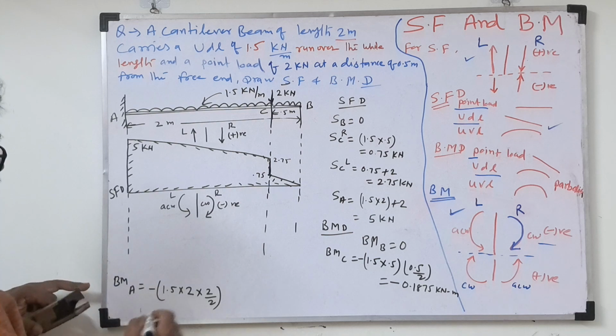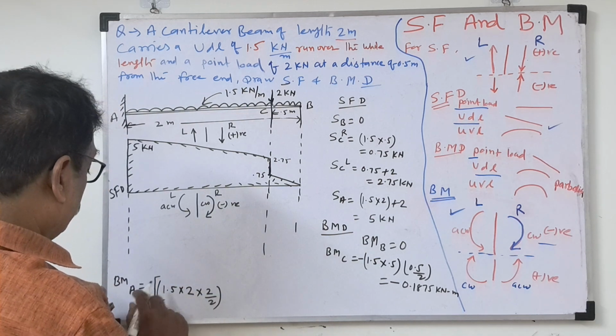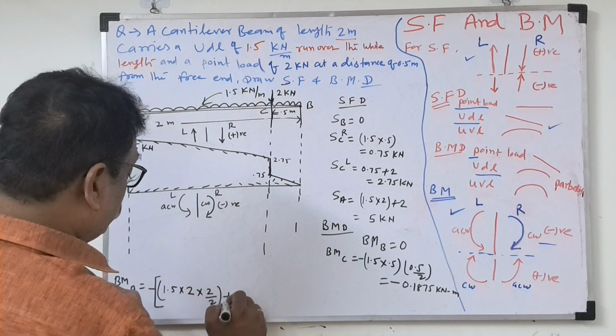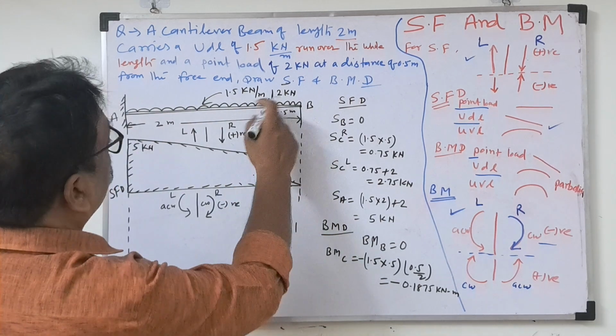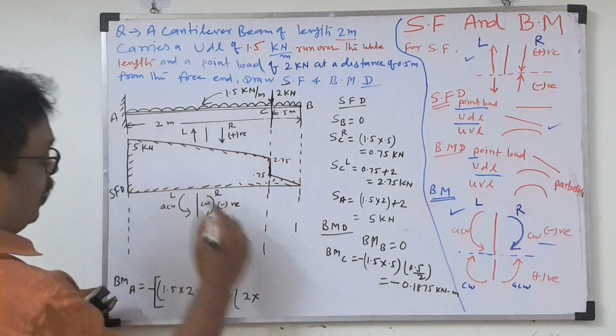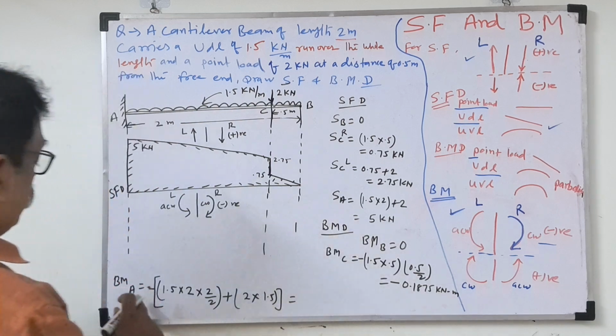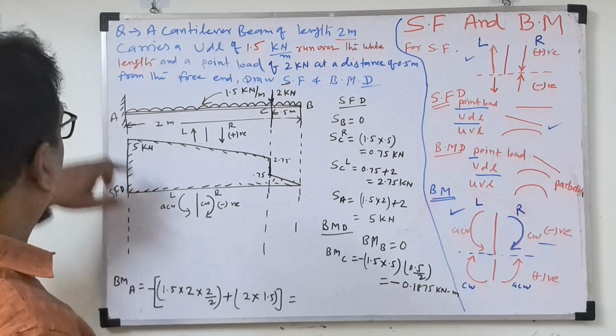Take a square bracket here because the whole is negative, so write plus inside. Then in brackets, 2 kilonewton into the distance, which is 1.5. Bracket close. So this is the bending moment at A.